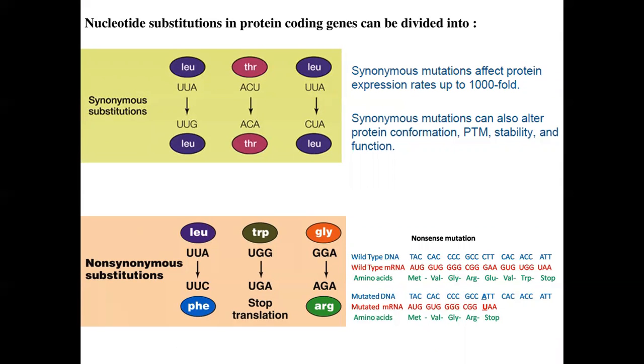You should keep in mind that if you change any nucleotide but it still produces the same amino acid, it will not change your protein sequence. The protein will remain the same, but it can fine-tune protein expression and can affect stability, conformation, and some other functions.